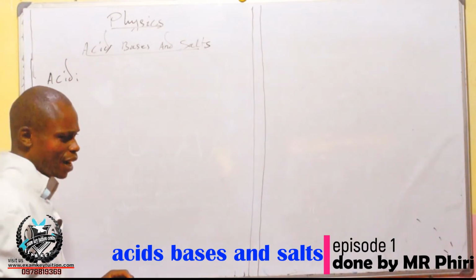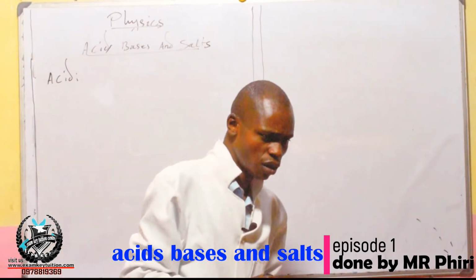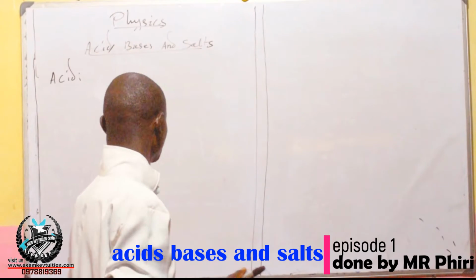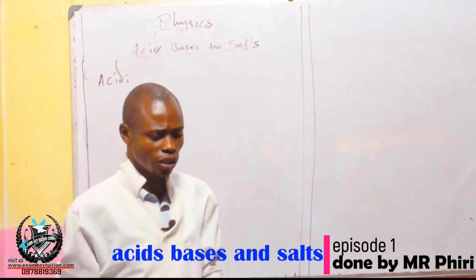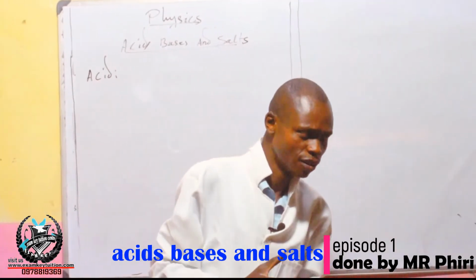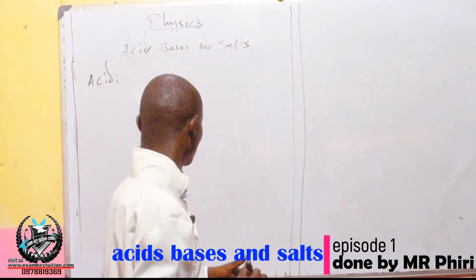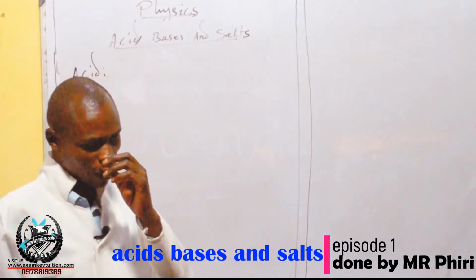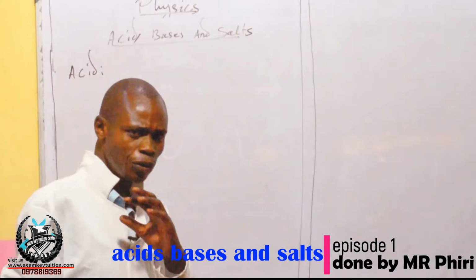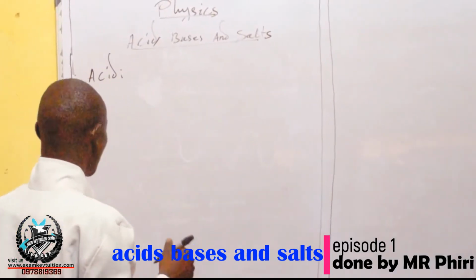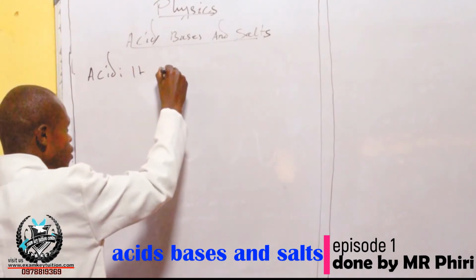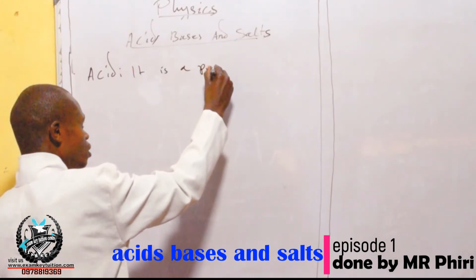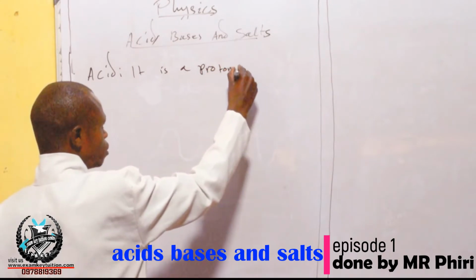How do you define acid? What is an acid? Different books will give you different definitions for an acid, but I'll give you just a few of them. Number one, the simplest one, you just say it is a proton donor.